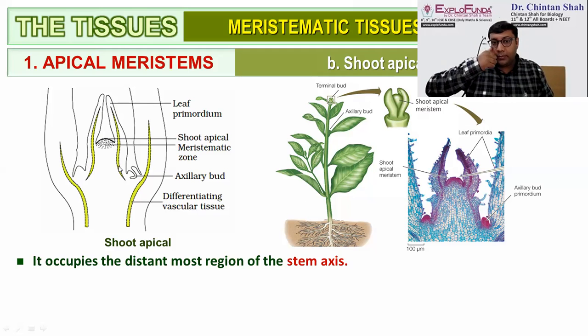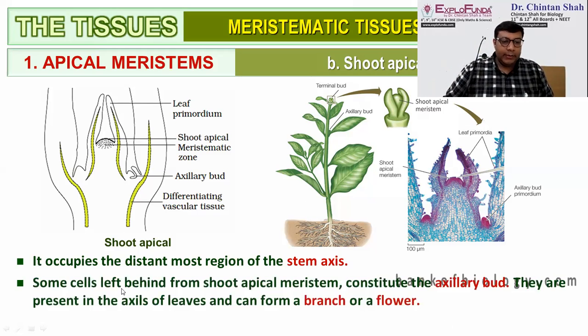Are you okay with this? Yeah, it occupies the distal-most region of the stem axis. And then some cells left behind from the shoot apical meristem constitute the axillary bud. So they have an axillary bud also. They are present in the axil of the leaves and can form a branch or a flower.